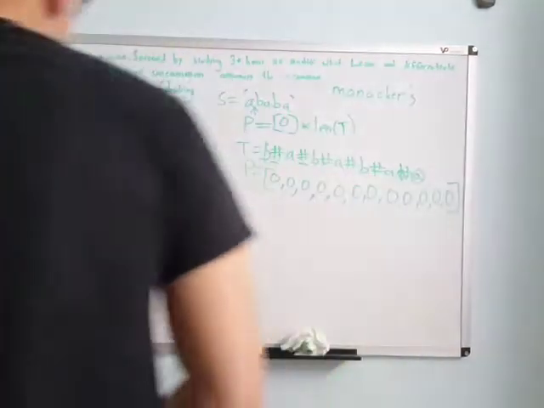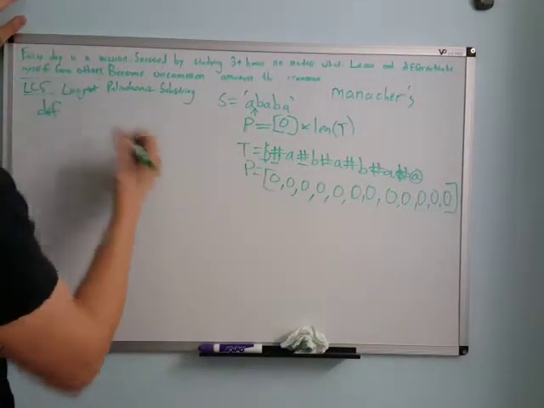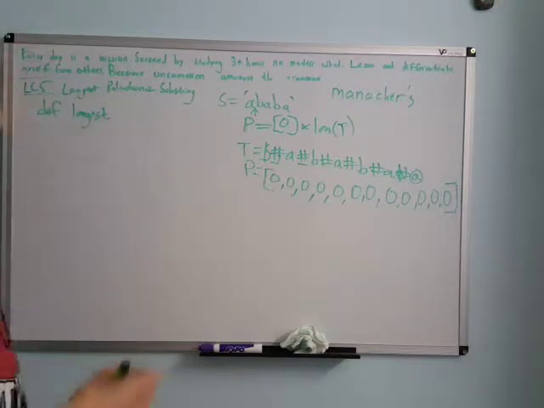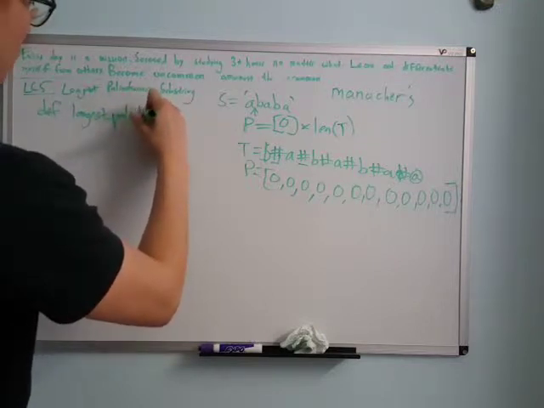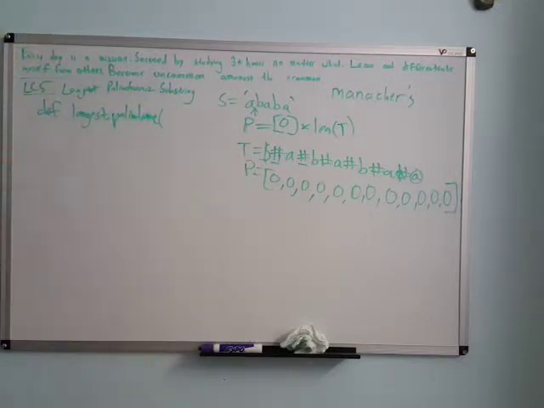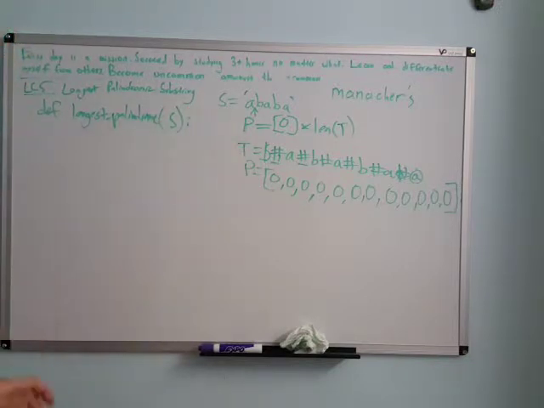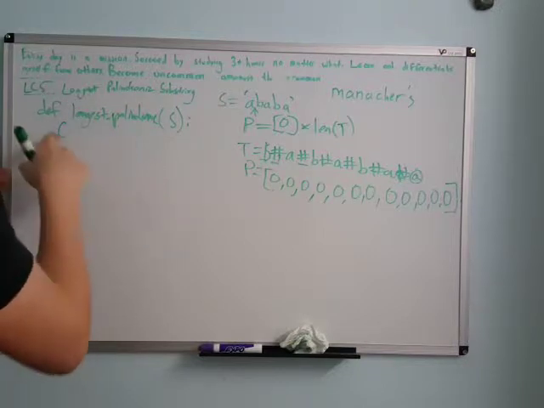So now let's start writing our function. Define longest palindrome. So we have that string that we're given. And then, like I mentioned before, we want to initialize the center.